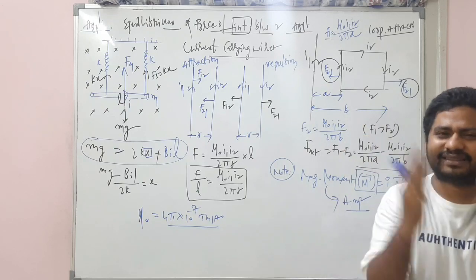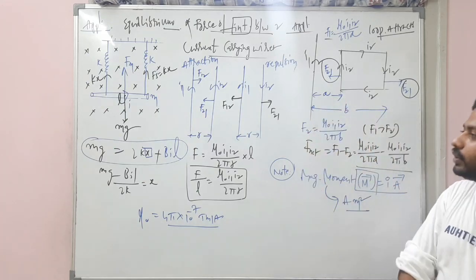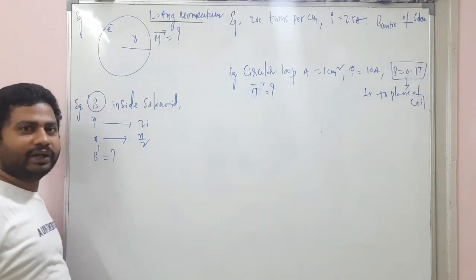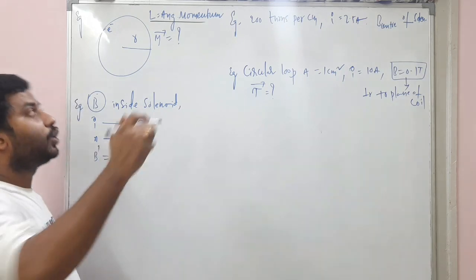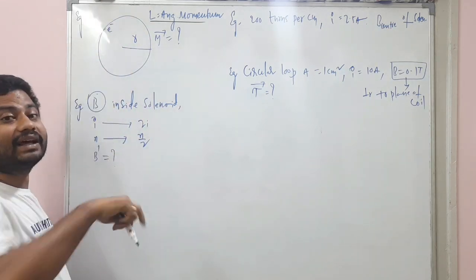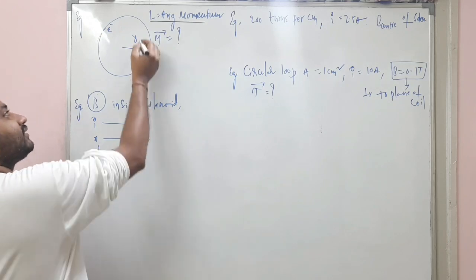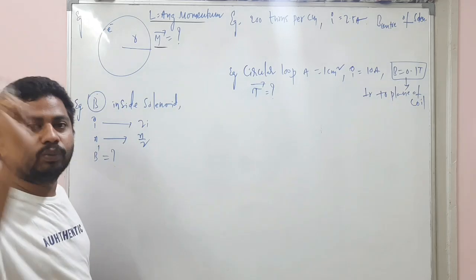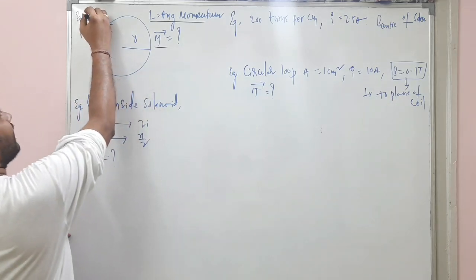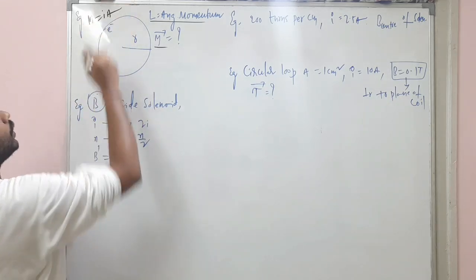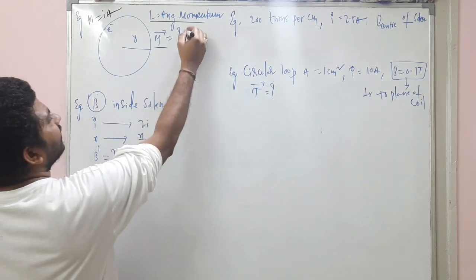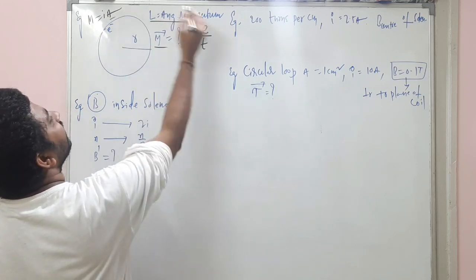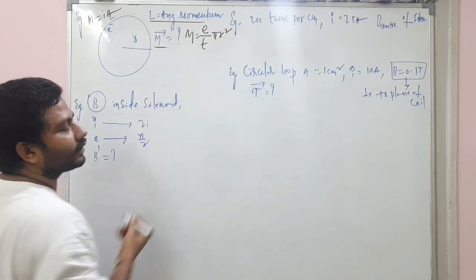Okay, so just look at the numericals we are going to solve right now. L is given as the angular momentum for an electron which is revolving in a circular orbit. The radius of the circular orbit is given, and they are asking you to find the magnetic moment. We know the magnetic moment is equal to I into A. I is Q by T, and A is pi r square.